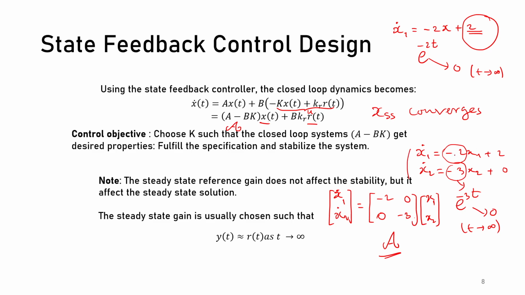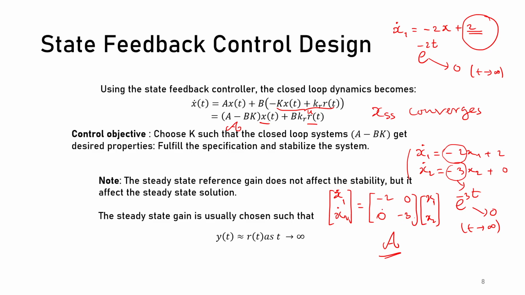If you have a system like this, h1 and h2 converge, right? And if you write this into matrix form, you get a diagonal matrix like this. So it is easy to say that if A is diagonal, you need all diagonal values to be negative.